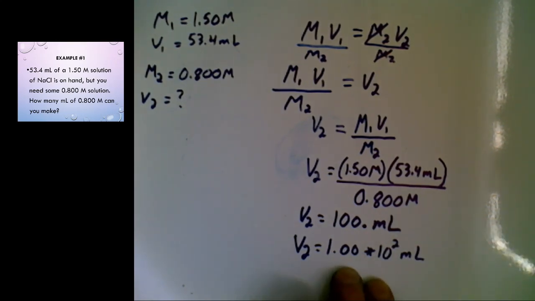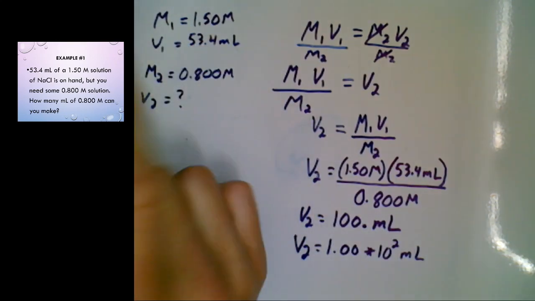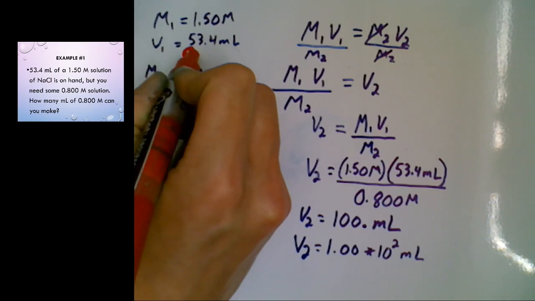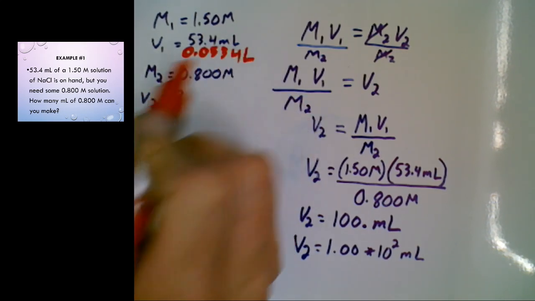Now, one thing I mentioned is it actually doesn't matter what units you use. What does matter is you make sure that volume units are the same. So if I were to change this into liters, this would be 0.0534 liters.